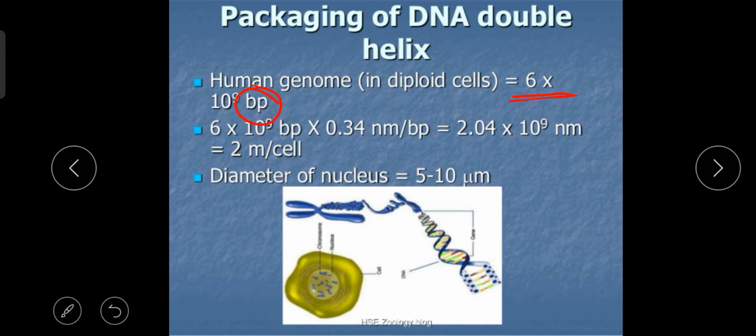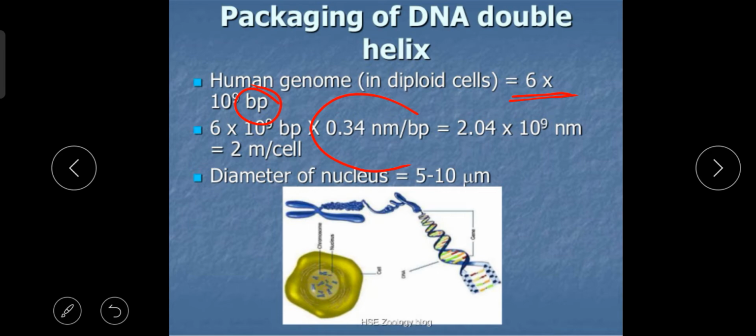Now, what is the length of the DNA present inside the diploid cell? If you know how many base pairs present in that DNA structure, you can easily determine the length of the DNA, because you already know the distance between two base pairs in the DNA structure, which is 0.34 nanometer, or you can say 3.4 Angstrom. Both are same.